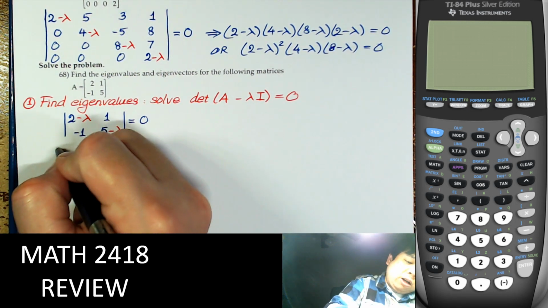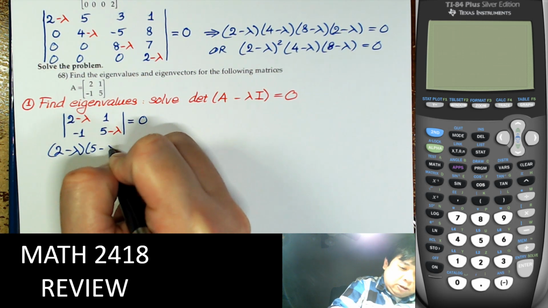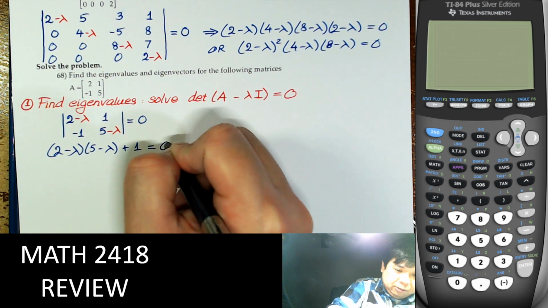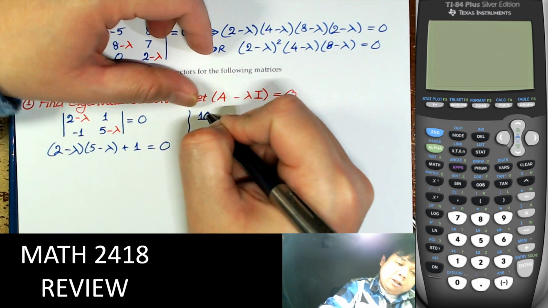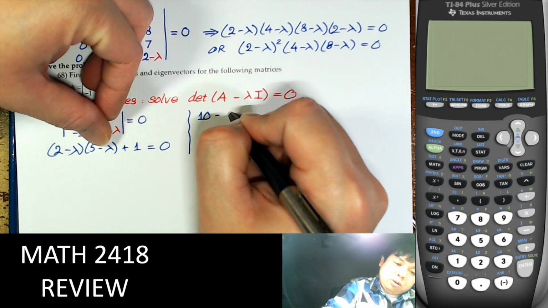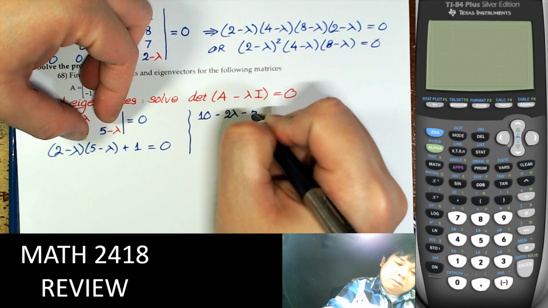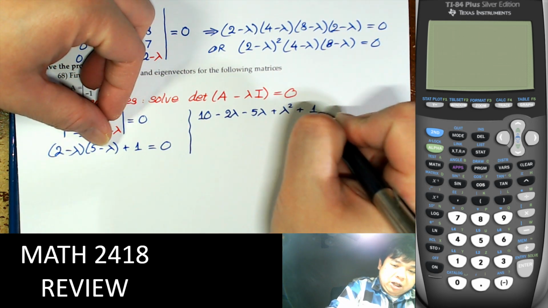So cross multiply, and then subtract the off diagonal. So that gives us 10 minus 2 lambda minus 5 lambda plus lambda square plus 1 equal to 0.